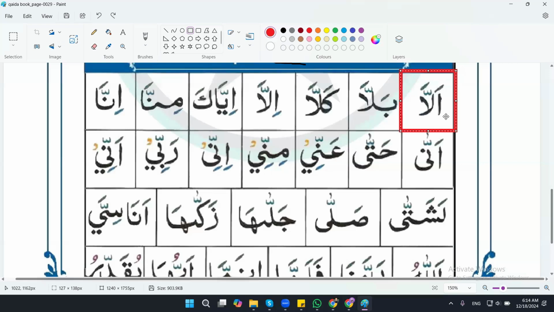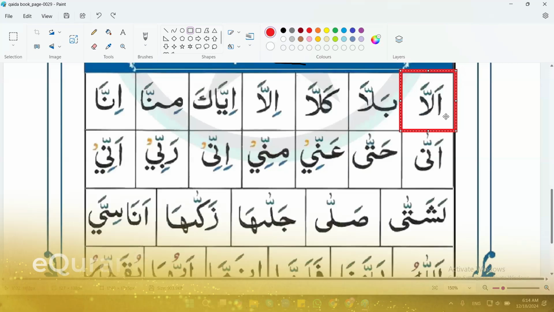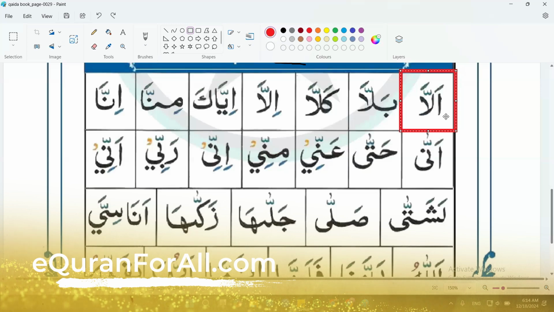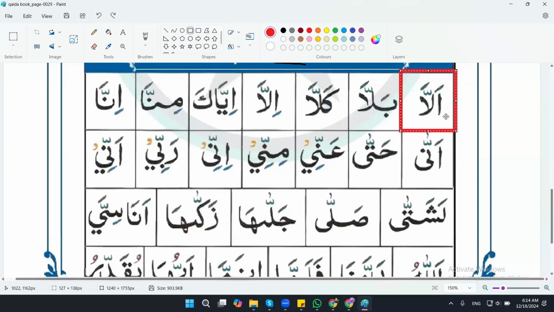Let me repeat: whenever alif has no sign and the previous letter has fatha, we call it alif madda, and then we stretch for 2 seconds. So then it will be Allah.